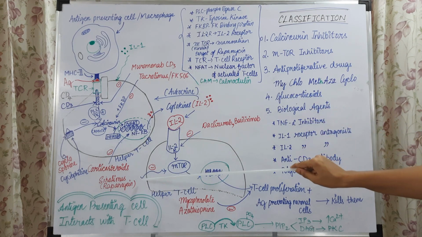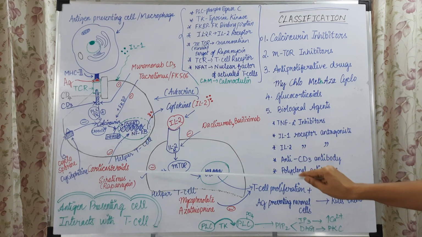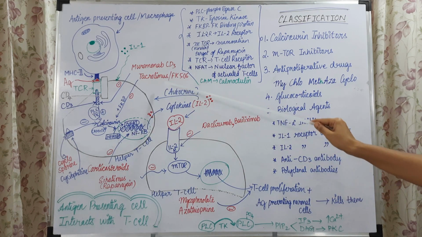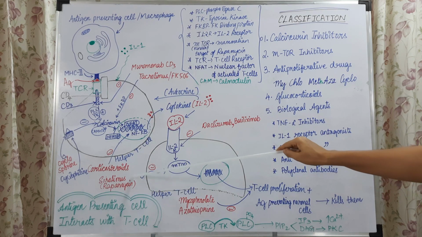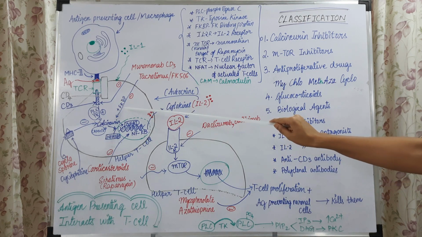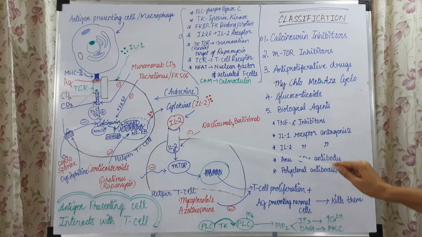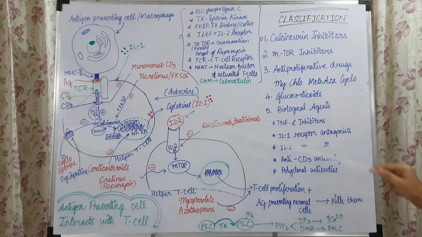Though their mechanism of action is different, they act on the same protein. Tacrolimus, sirolimus and everolimus all bind to the same FK binding protein, but their mechanisms of action are different.